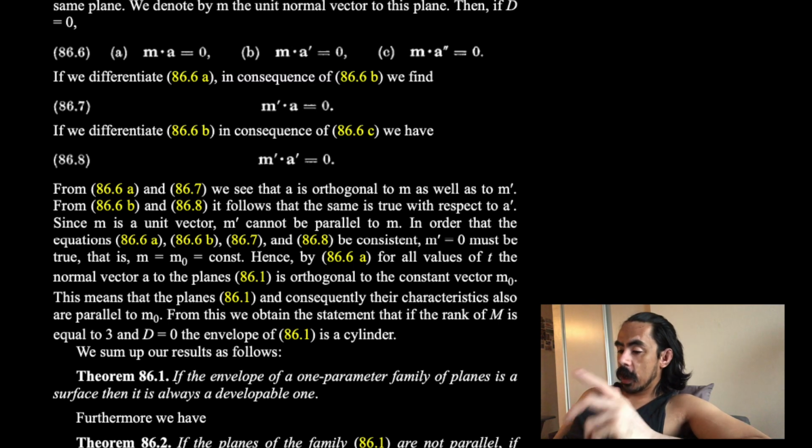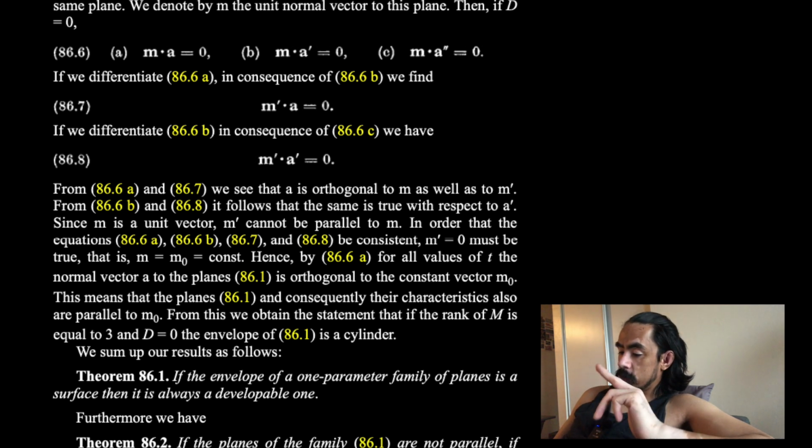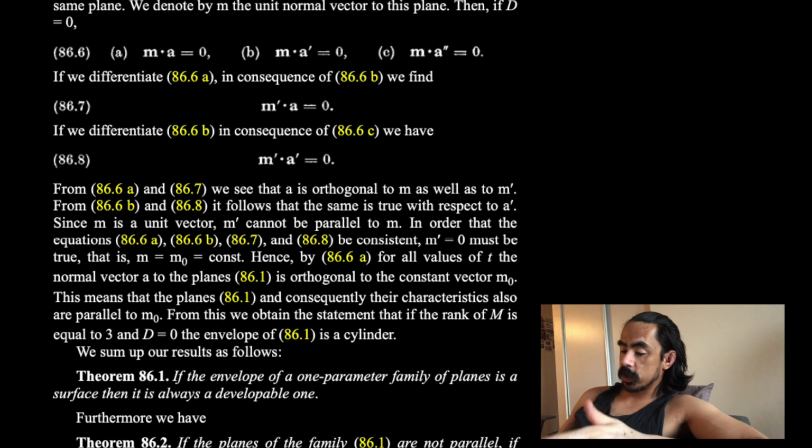Hence, by the scalar product of M and A being 0, for all values of t, the normal vector A to the planes given by the governing relation for this section, function capital G in terms of vector x and scalar t equal to 0, is orthogonal to the constant vector M naught. This means that the planes given by G equals 0 and consequently their characteristics also are parallel to M naught.